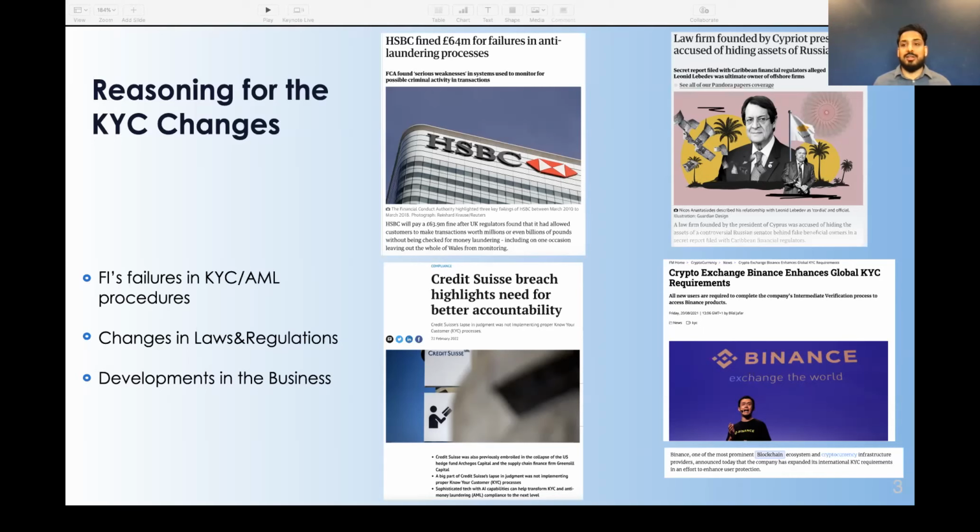Also, you have changes in the laws and regulations. One of the areas is the AML Act, the Anti-Money Laundering Directive that's set up by the Financial Action Task Force. That's an intergovernmental body which works on the anti-money laundering process and the KYC process.